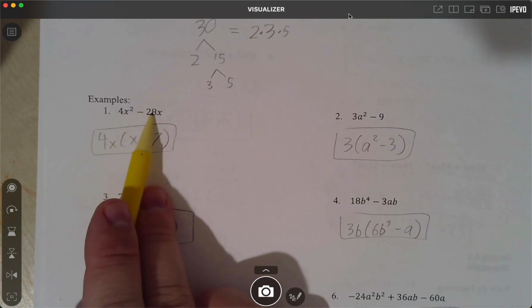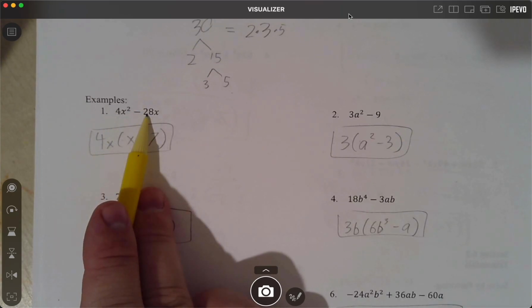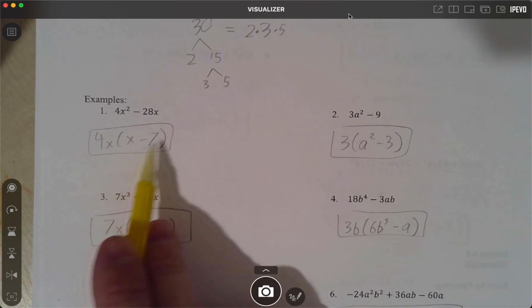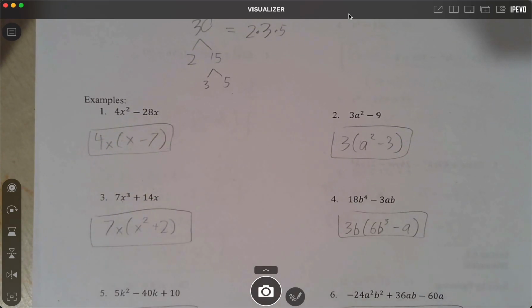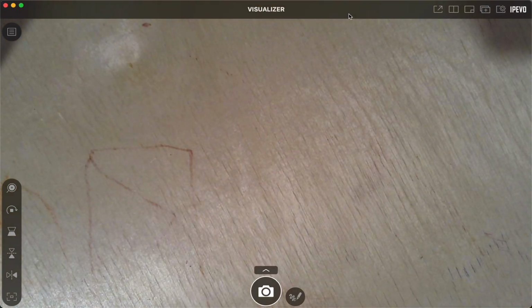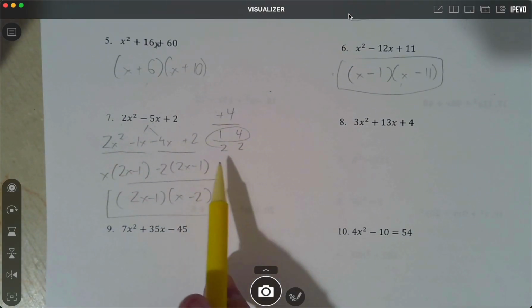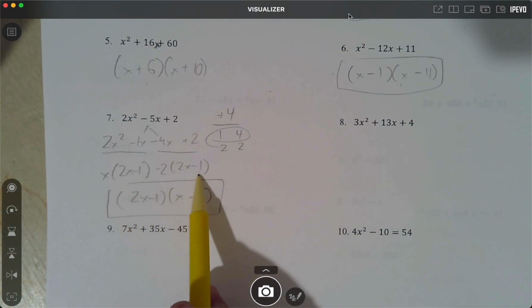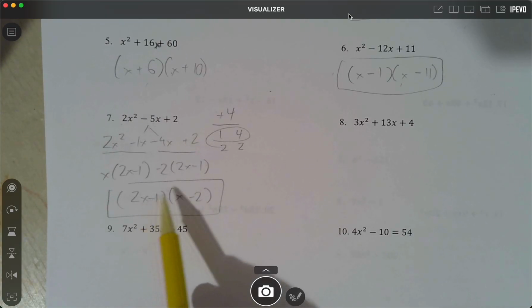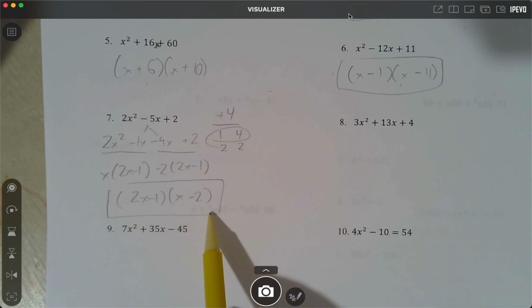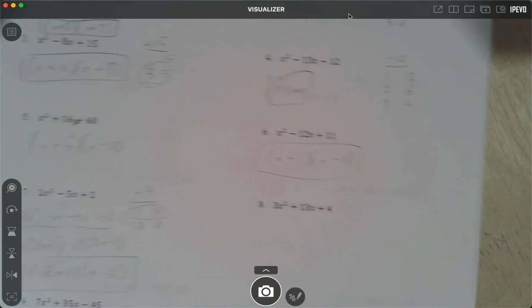So if 4x comes out of both of these, then write the 4x and create a parentheses for anything left over. Similarly, just to re-emphasize it, if the 2x minus 1 is what's shared, it goes out front, and the leftovers get put in a newly created parentheses, just like before. Alright, let's keep going.